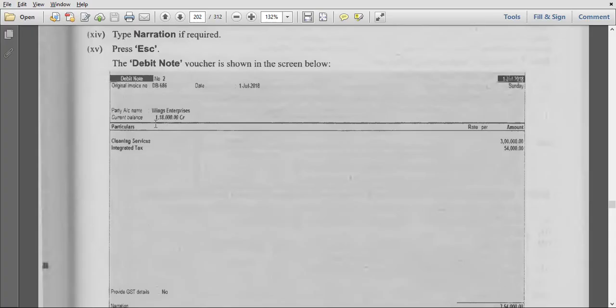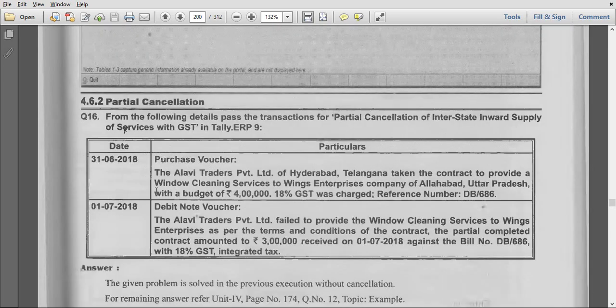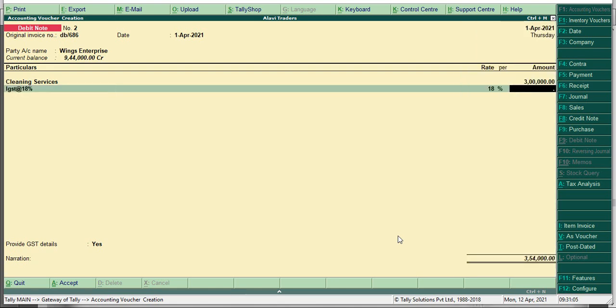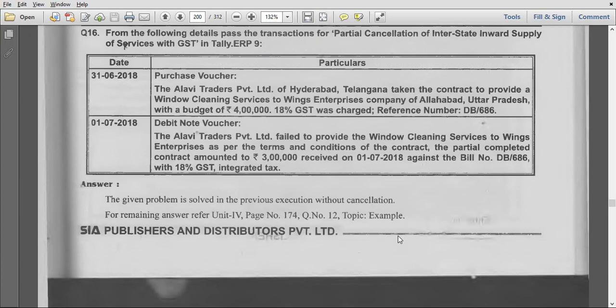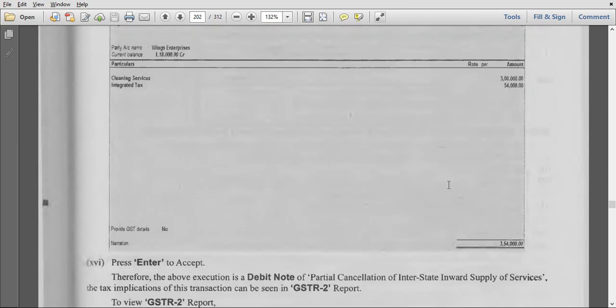As mentioned here, Alavi Traders Private Limited failed to provide the window cleaning services to Wings Enterprise as per the terms and conditions of the contract. The partially completed contract amount of 3 lakhs is received against bill number 686 with 18% GST, integrated tax. So IGST is 54,000. So we can see it here, 3 lakhs 54,000.